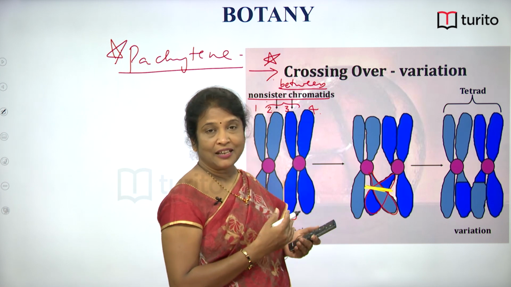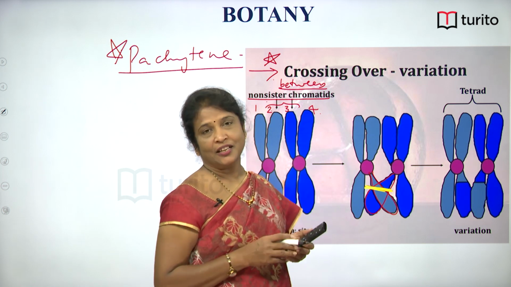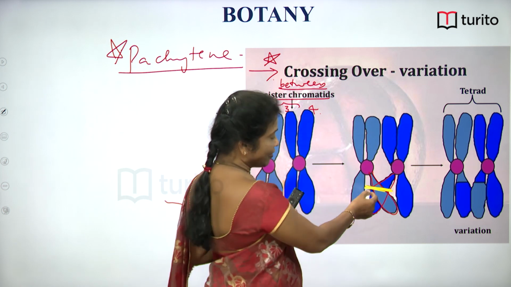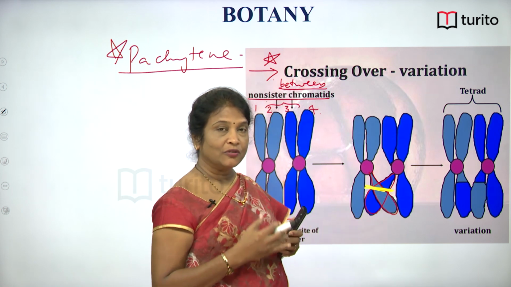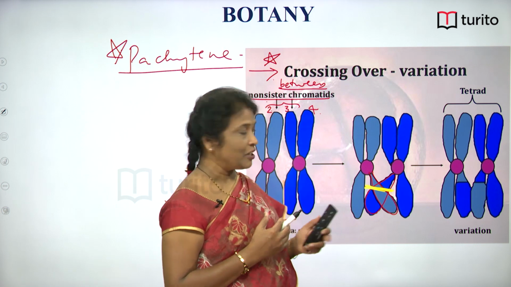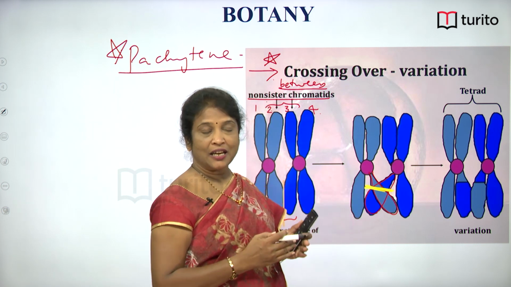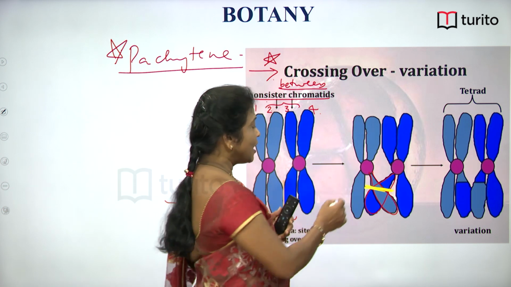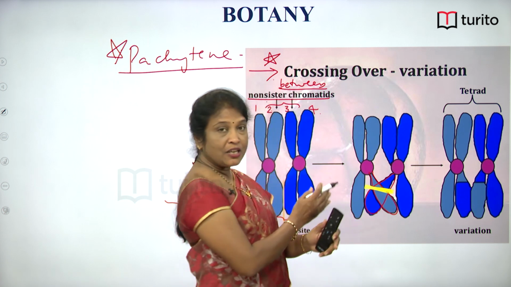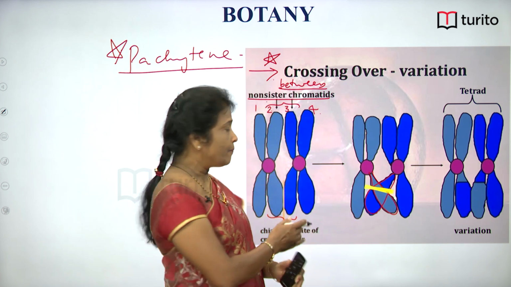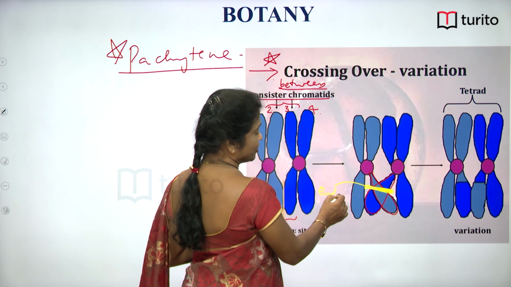So, to break that DNA, some kind of enzymes located in the nucleus, the endonucleases, cut the phosphodiester bonds of the DNA molecule in both the chromatids and break the DNA there in the chromatids. That is, breakage of chromatids takes place at the region where they cross over, catalyzed by the enzymes endonucleases.